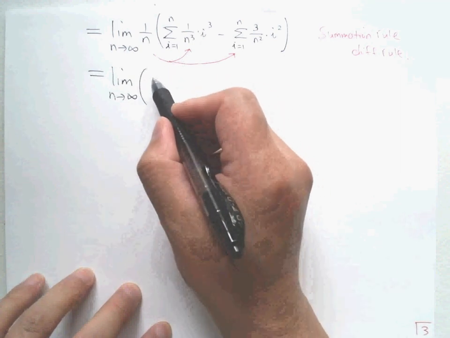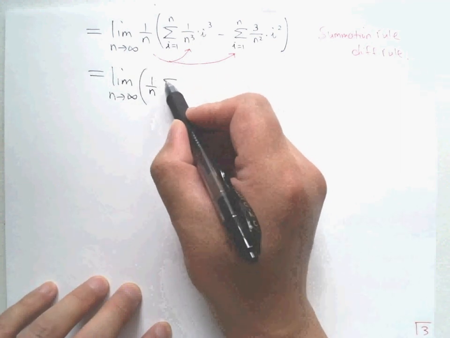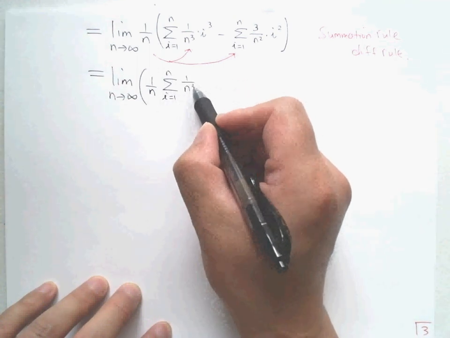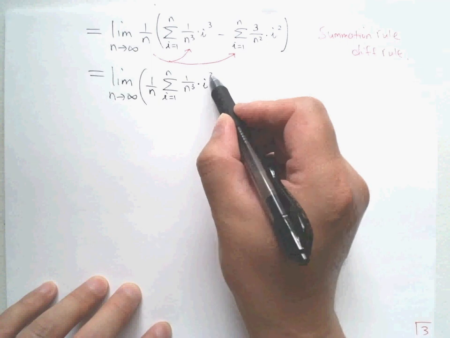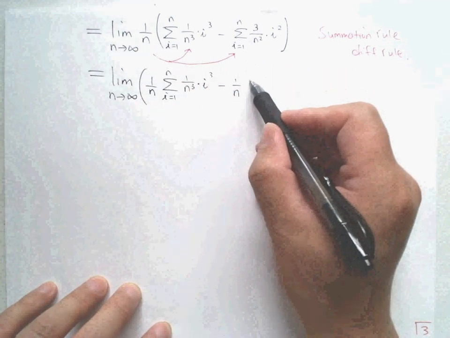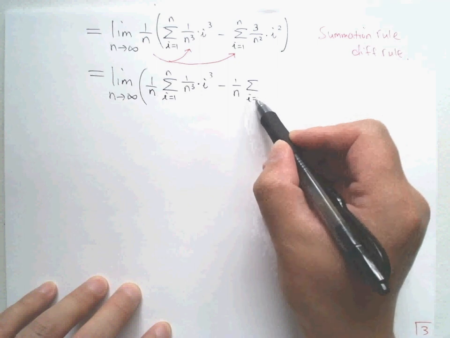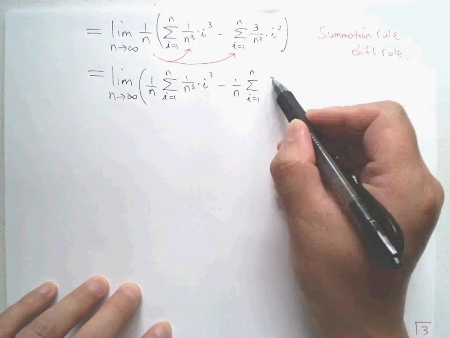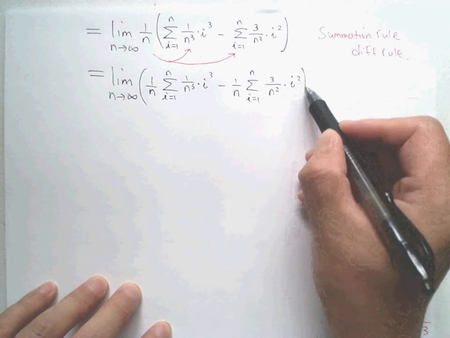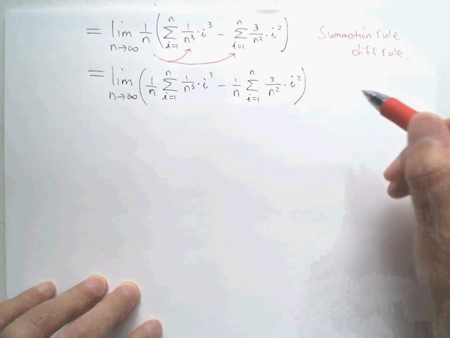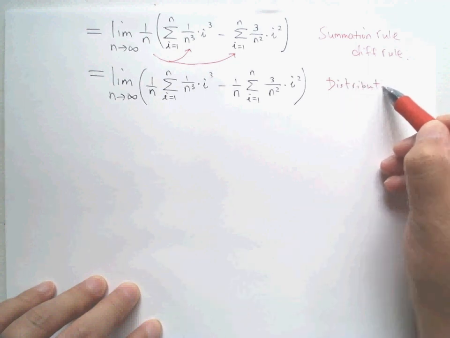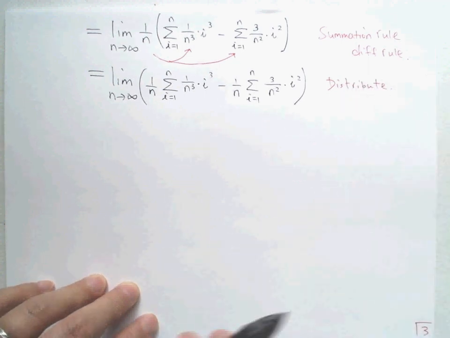Now I have to put a big parenthesis, 1 over n sigma i from 1 to n, times i third power, minus 1 over n, see, distributed, right, times the second term, sigma i from 1 to n, 3 over n squared times i squared. Okay, this is just a distribution, and this, you know, is easy.